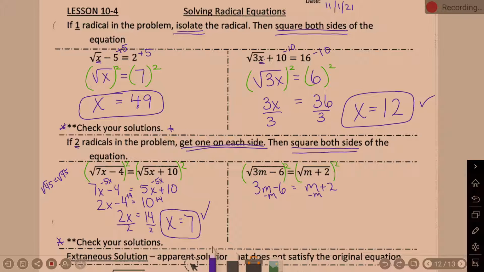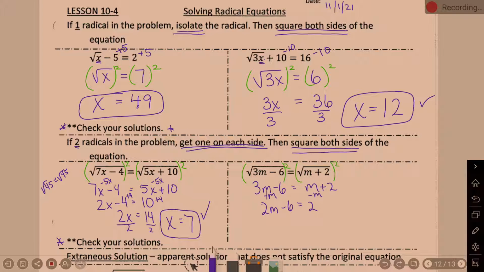Think 3m minus, what's the invisible little number here? 1. 3m minus 1m is 2m. 3m minus 1m is 2m. We still have a minus 6 equals 2.